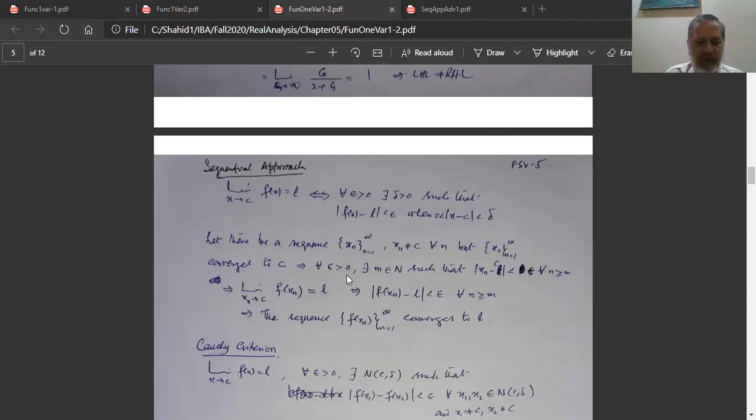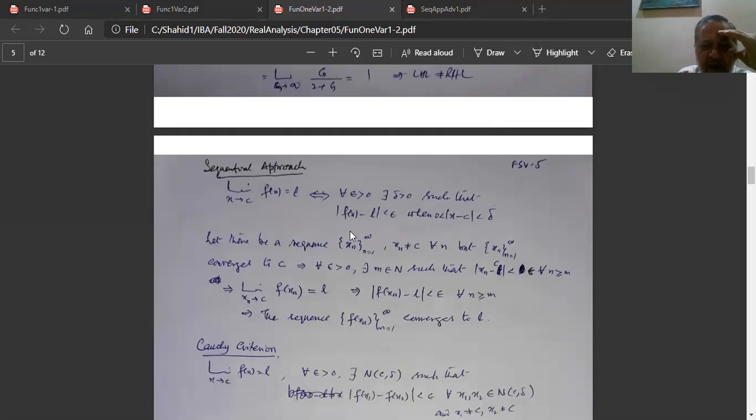Sequential approach, in fact, allows us to extend our ability of approaches towards the point where we are seeking limit. This is the usual thing.